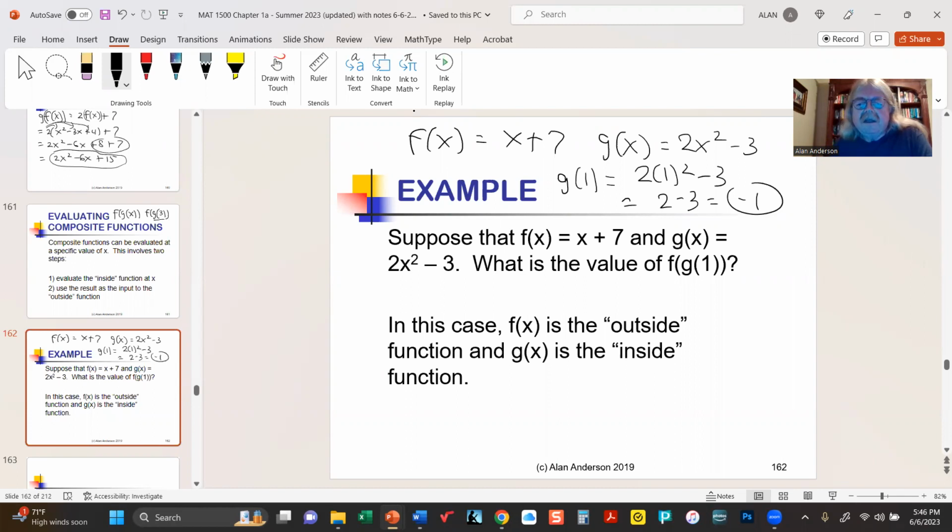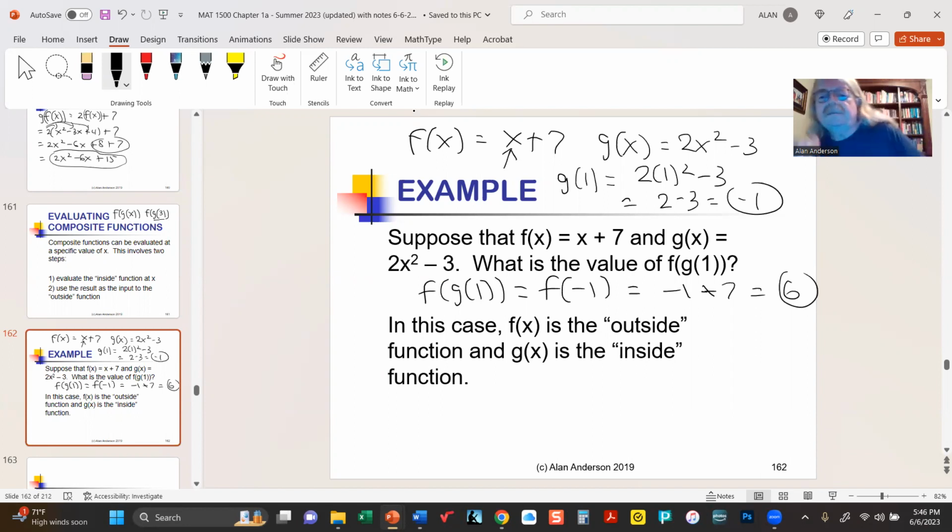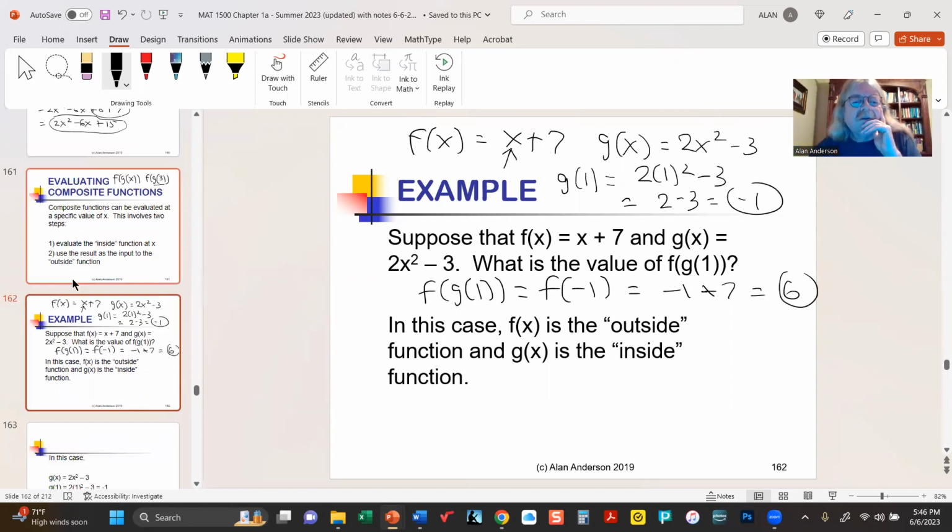And what that tells me is that f of g of 1 is just f of negative 1. And so that would be you're replacing the x with negative 1, add 7 to that, and you end up with 6. So it's very straightforward. And often this is exactly what we need to do. I mean, it's fine to find the composite function, but often our goal is to find the specific value of it.